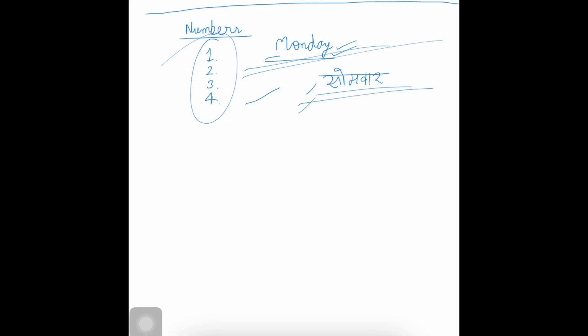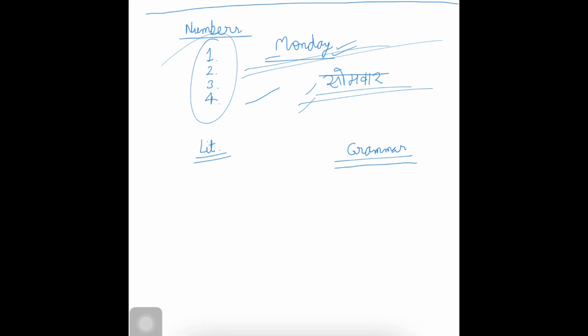So now moving on to the last part of today's class, which is the way forward, how we are going to move in our next classes. From next class onwards, we will be dividing our entire class into two parts. Some lectures will be on literature and some on grammar.